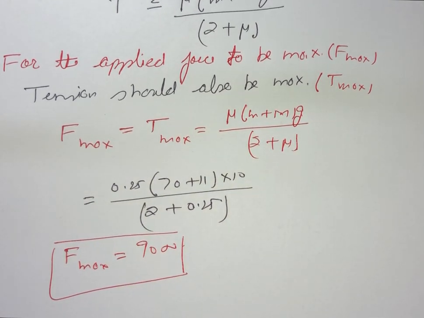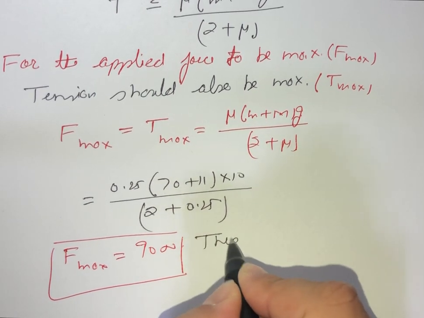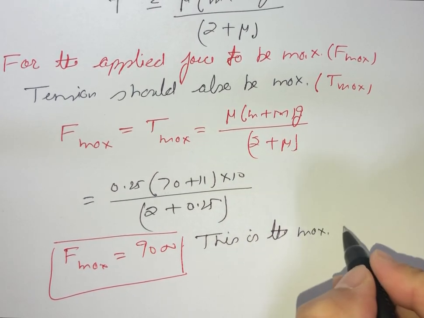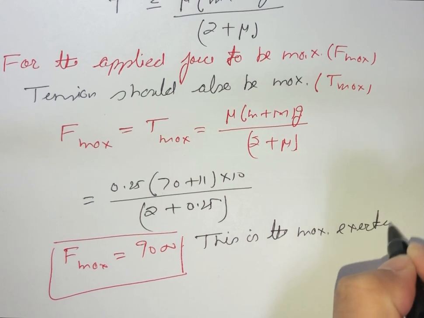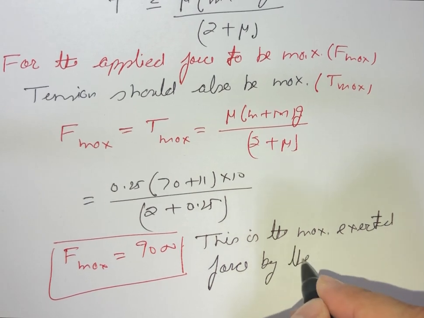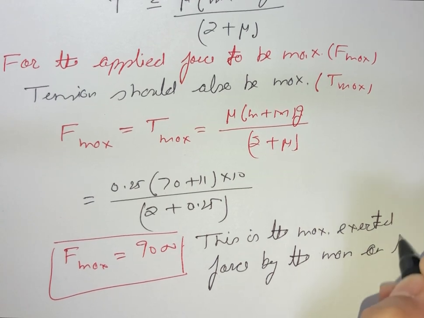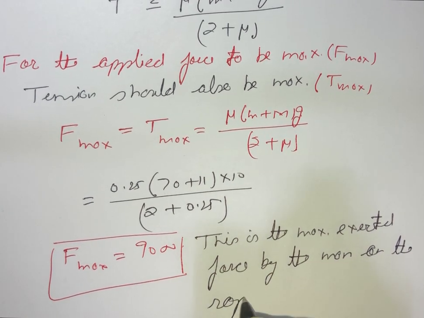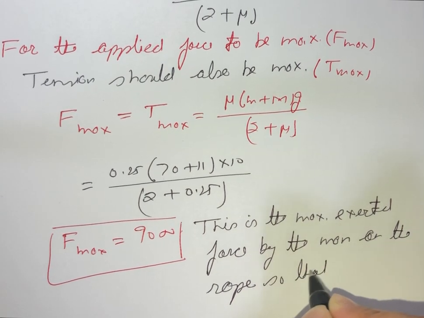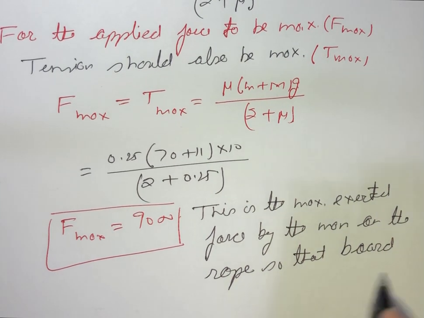So we can say that this is the maximum force, applied force rather, this is the maximum exerted force by the man on the rope so that the board does not slip on the floor.